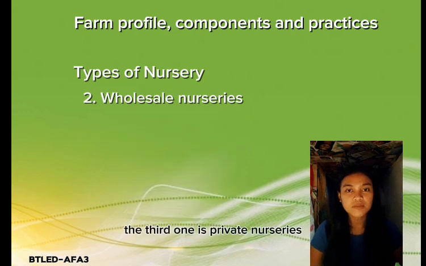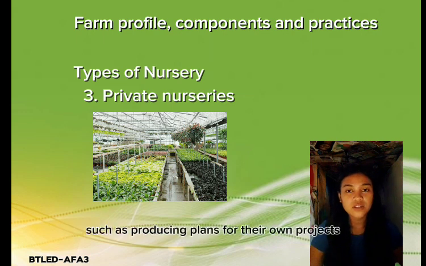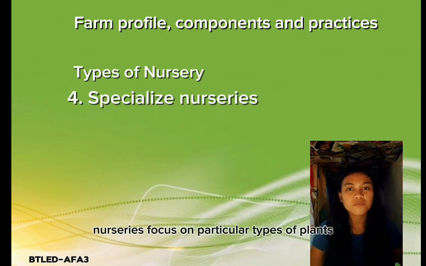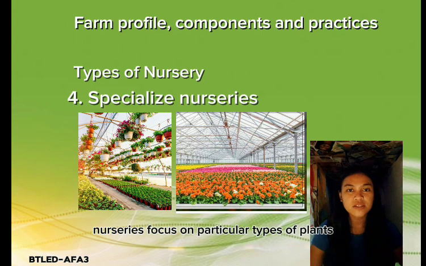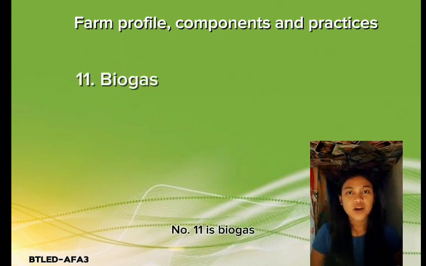The third one is private nurseries, operated by individuals or companies for specific needs, such as producing plants for their own projects or for research purposes. The last one is specialized nurseries, which focus on particular types of plants such as ornamental plants, fruit trees, or native species.